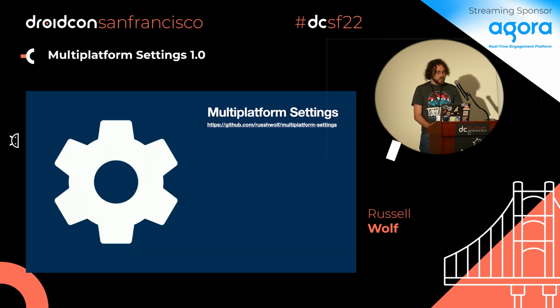So what is it? It's essentially an API to interact with key value data from your common code, essentially the common equivalent of shared preferences. And under the hood, it delegates to the individual platforms for the actual implementation, and that has nice advantages for interop.